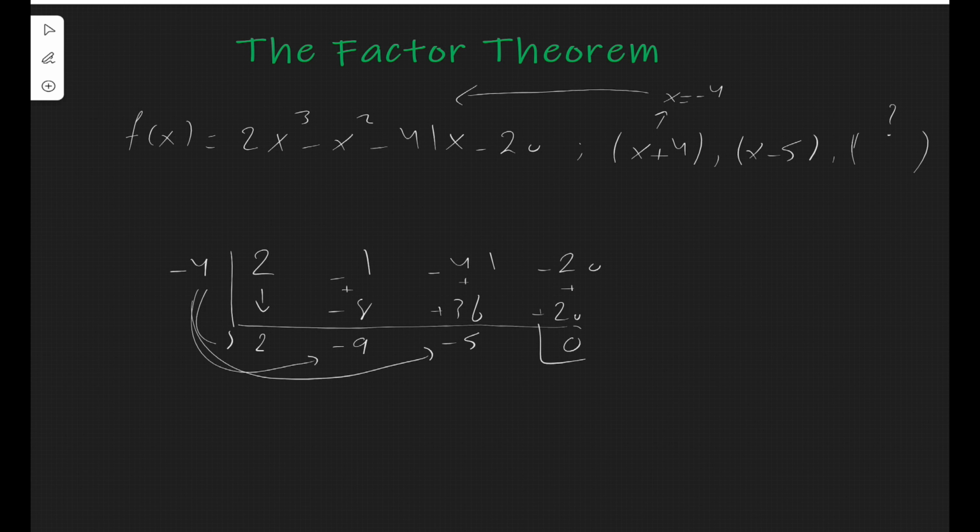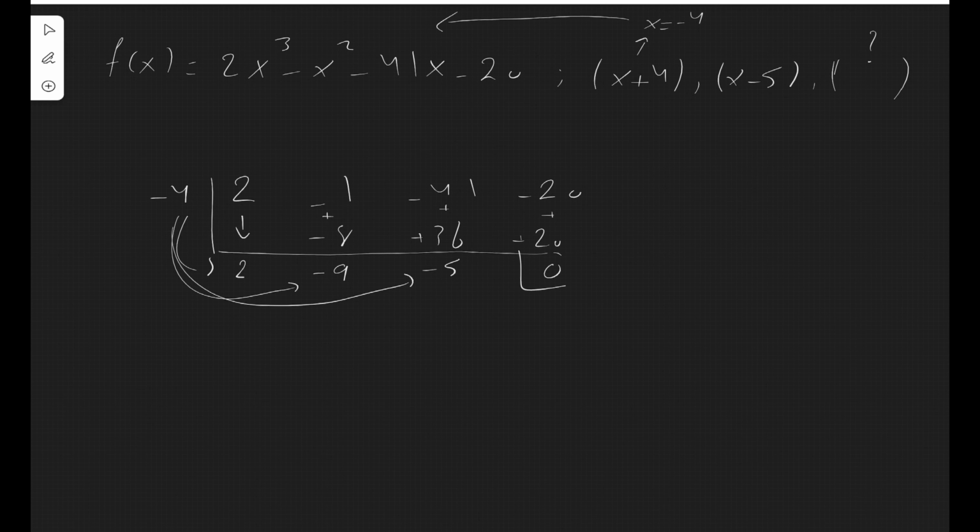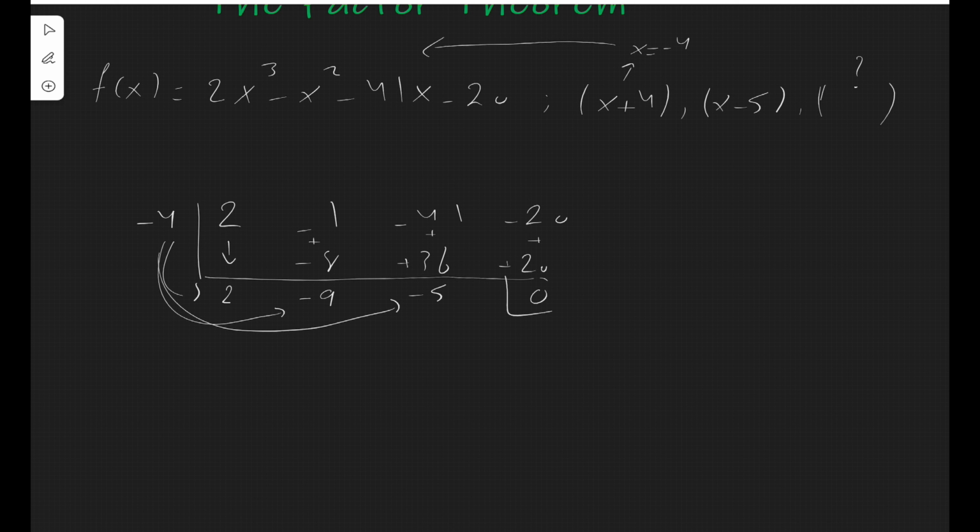The last one is the remainder, and since the remainder is 0, this means that x plus 4 is a factor.